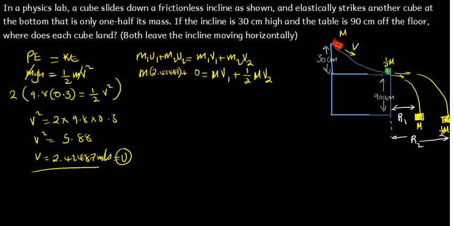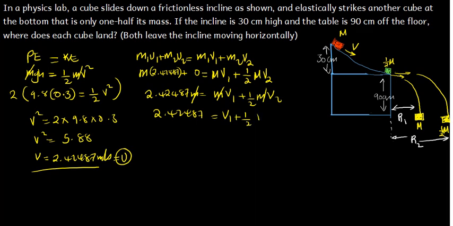So we get 2.42487m equal to mv1 plus half mv2. The masses are common in everything, so they cancel out, and we remain with 2.42487 equal to v1 plus half v2.